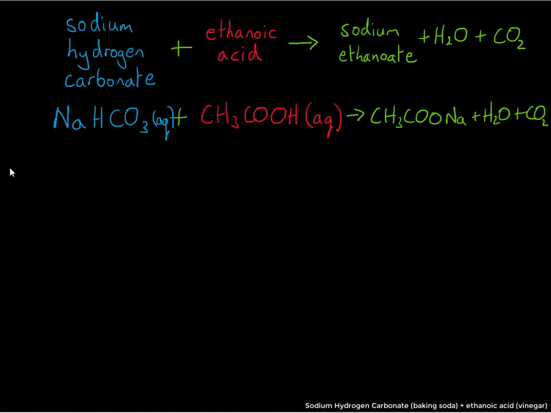Now let's take a look at the molecular mass. And we know the molecular mass of sodium hydrogen carbonate is 84, and of ethanoic acid we know that's 60.